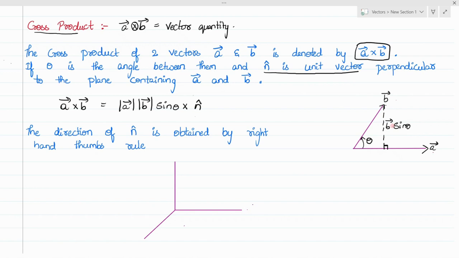So how will we find the direction of this n cap? Again here, see, this is A vector and this is B vector. N cap should be in such a way that it should be perpendicular to the B vector and also perpendicular to the A vector.